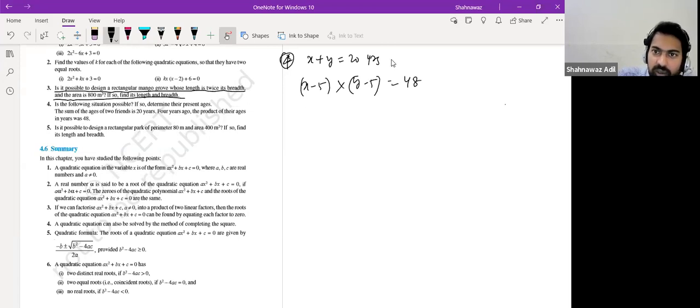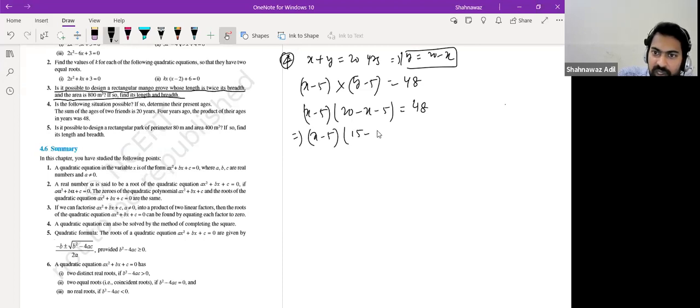Right. So y is 20 minus x. And x minus 5 and 20 minus x minus 5 is 48. So this is x minus 5. This is 15 minus, okay, I'm already exceeding the time limit.